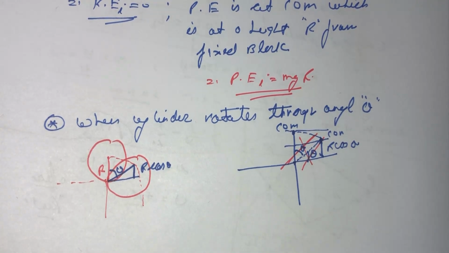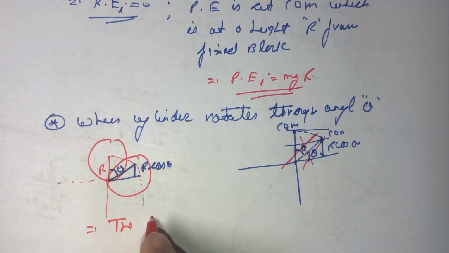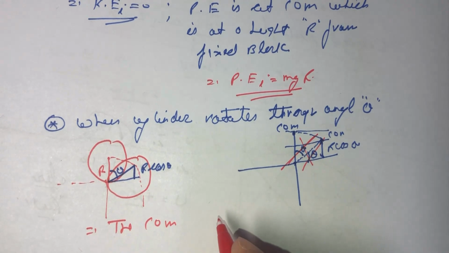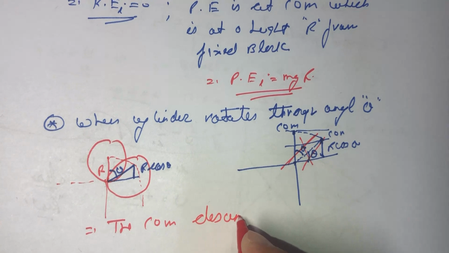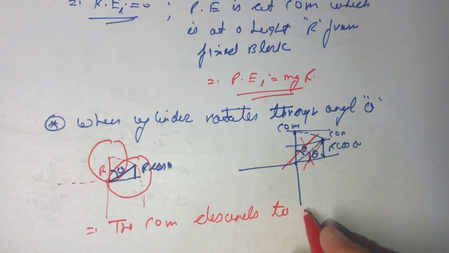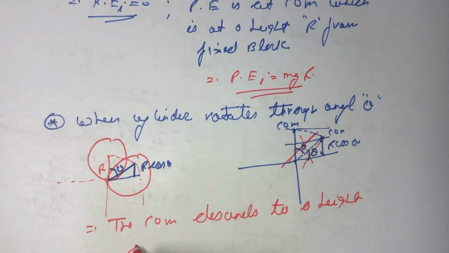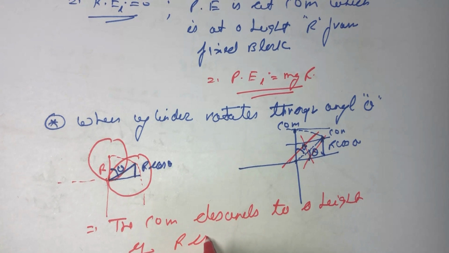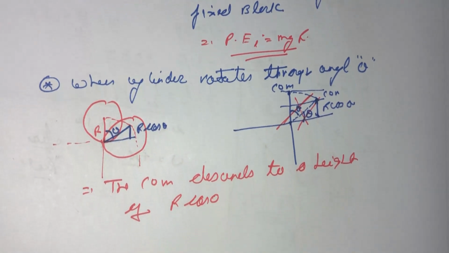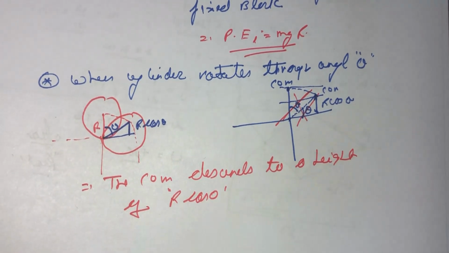So we can write it as the center of mass descends to a height of R cos theta, and this is with respect to the horizontal.